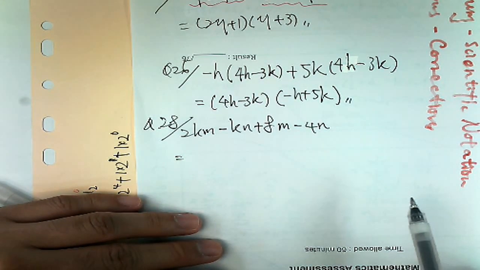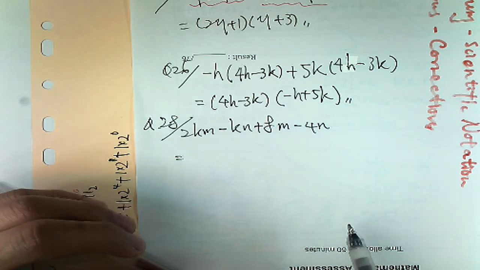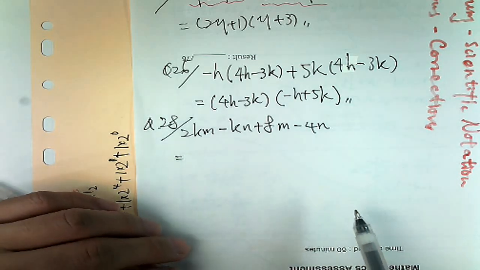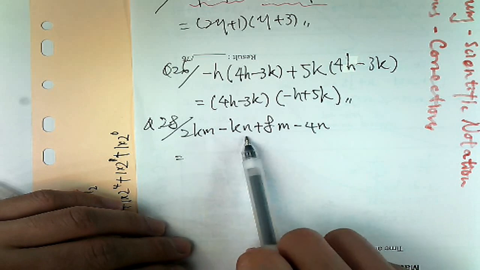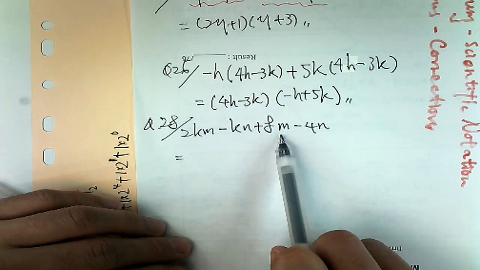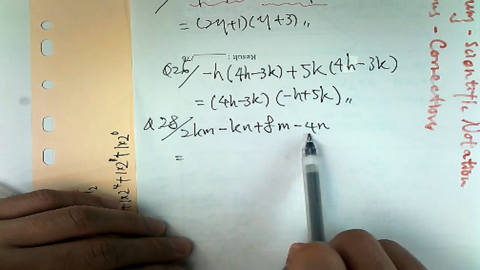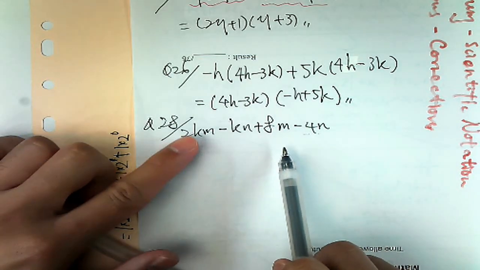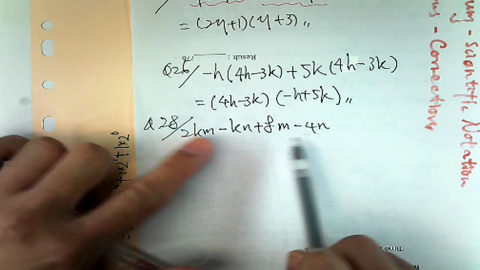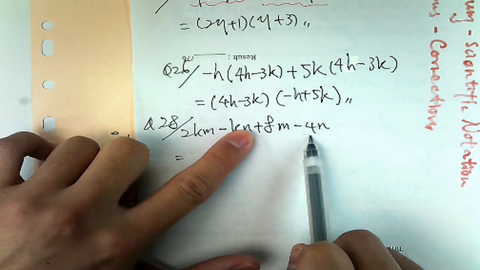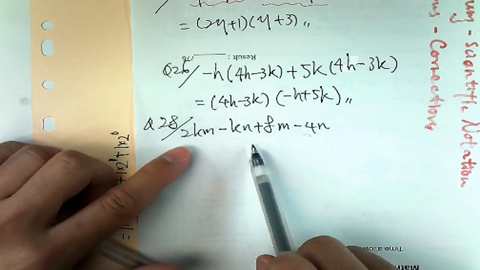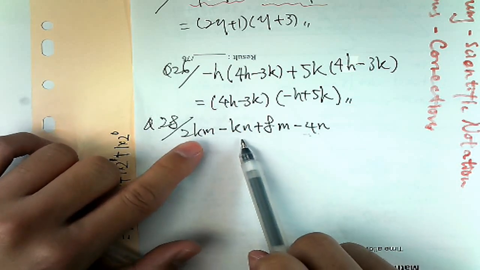When you have four terms, you have to learn how to group terms. Normally the first two terms as a group, and then the third term and the fourth term as a group, understand? Or you can just pick the first one and the third one as a group, and then the second one and the fourth one as a group. Okay, but I think you try the first two first.